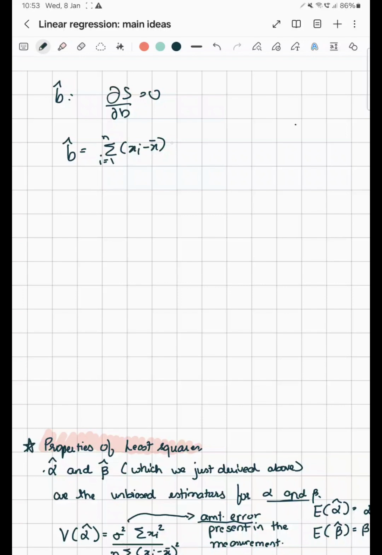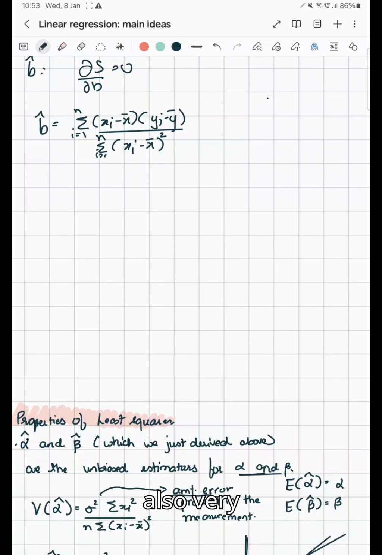Xi minus x bar. So this is also a very similar looking expression, which is the covariance of xy over the variance of x, called beta hat.